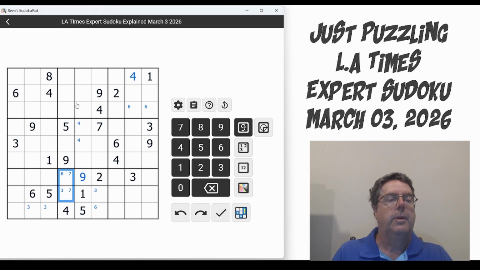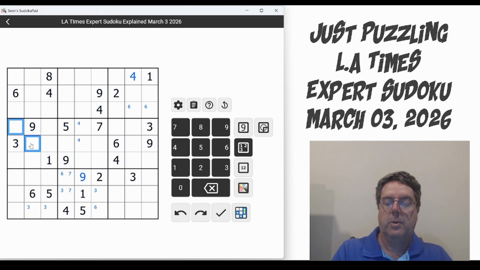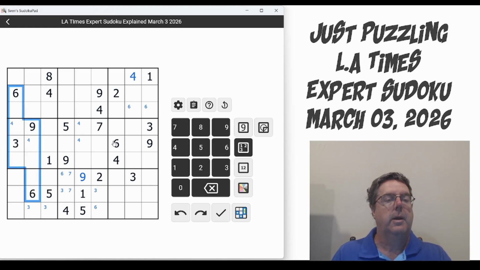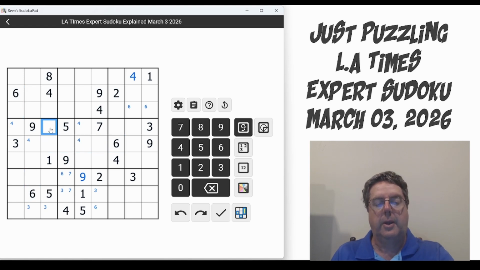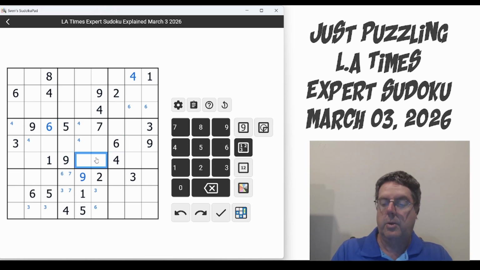Alright, so 7's there, 7's there, 8's there, 6, 4. 4 comes down here, 4 comes across here, so 4 is one of these two. 6 comes up here, 6 comes down here, 6 comes across here, so 6 is here. 6 comes across here, 6 comes across here, so 6 is one of these two.